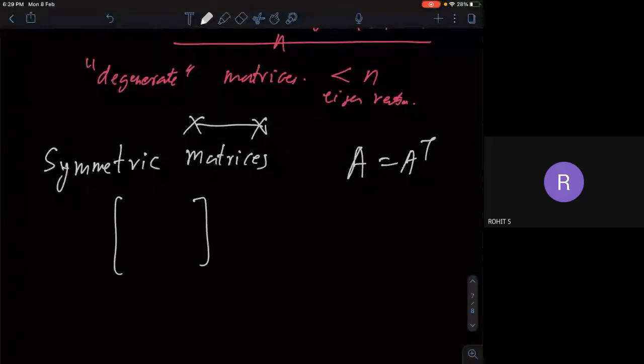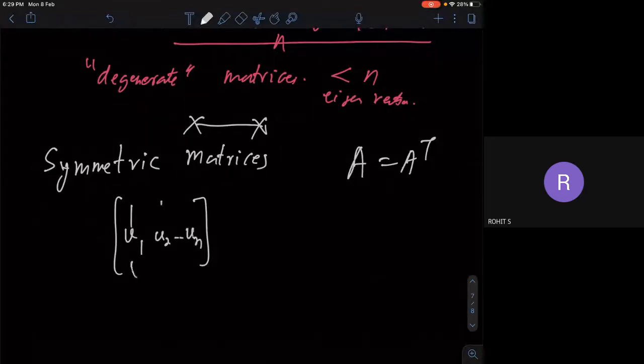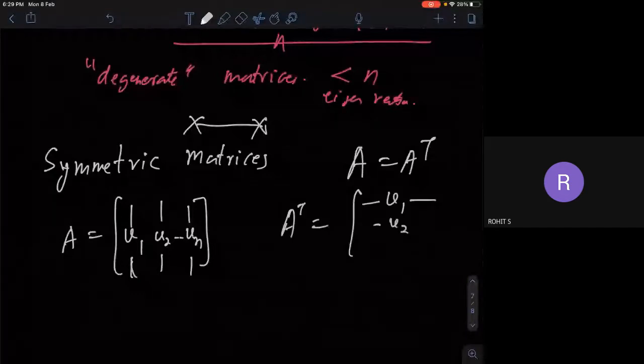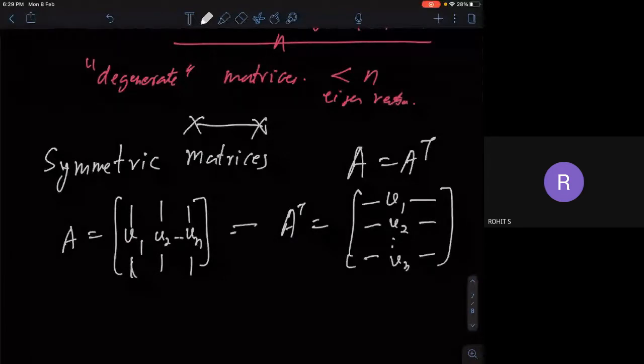I'm going to write V1, V2 up to Vn here. This is my A. So A transpose is basically V1 here, V2 here. I'm saying A and A transpose are the same. So these are symmetric matrices.